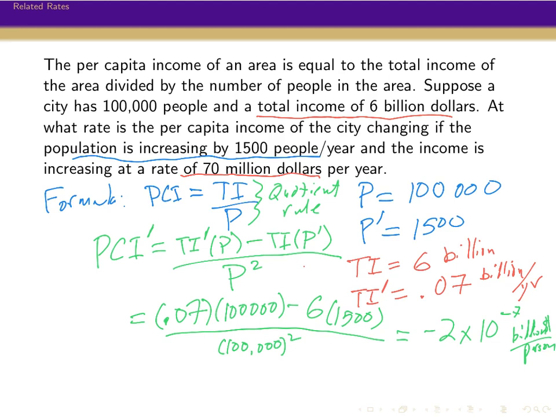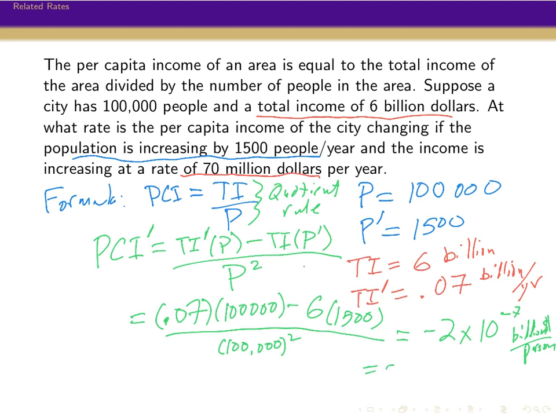Okay. And so to turn this into dollars per person, well, there's 10 to the 9th, 10 to the ninth dollars in $1 billion.